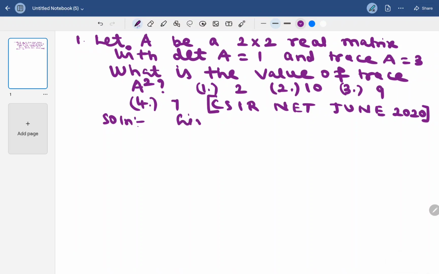Given A, which is a 2 cross 2 real matrix.